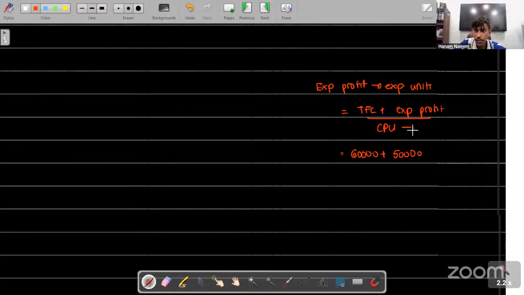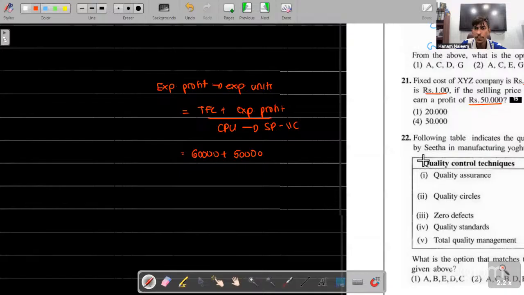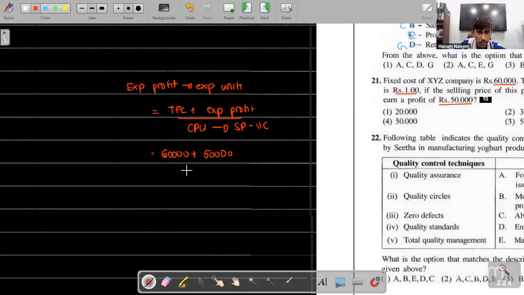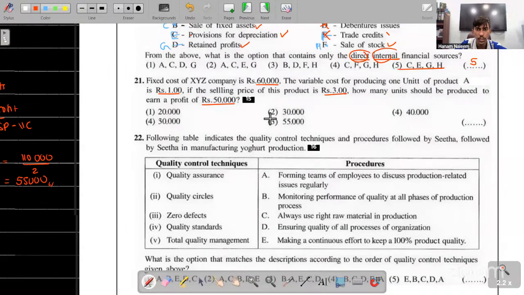And the contribution per unit is calculated by selling price minus the variable cost per unit. So selling price is 3, variable cost is 1. So the contribution per unit will be 2. So here your answer would be 110,000 divided by 2, 55,000. So answer number 5. So you have to sell 55,000 units to earn a profit of 50,000. Third one is the answer.